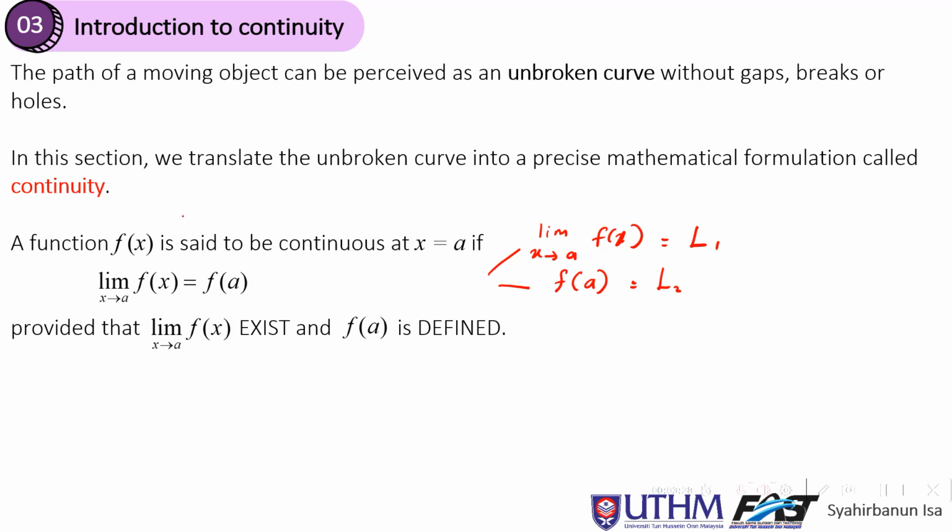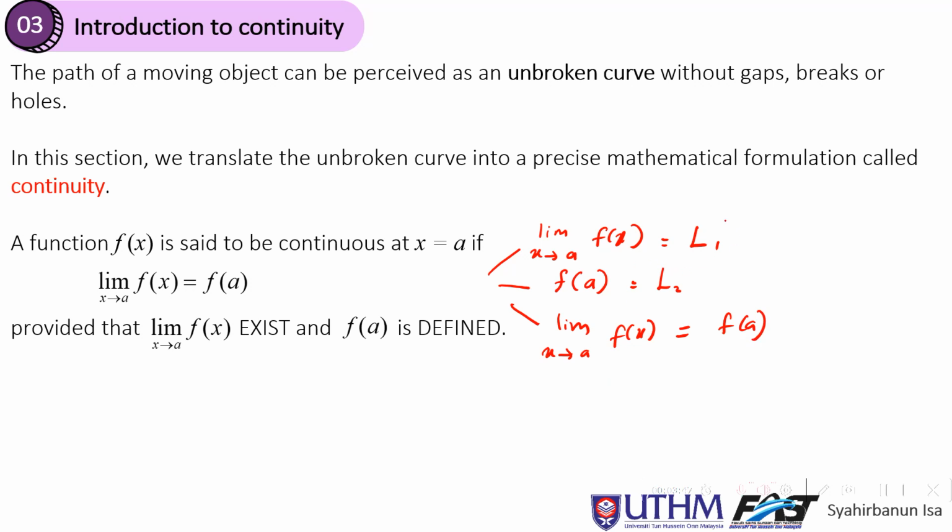For the function to be continuous at x equal a, the limit as x approaches a of f(x) must equal f(a).